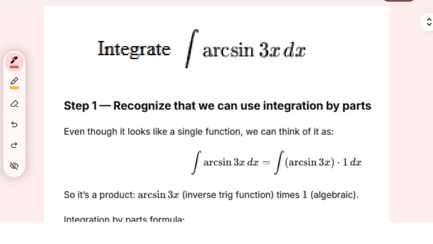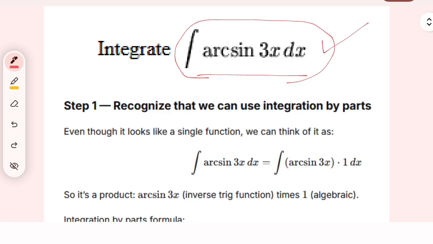So for this session, we will now integrate the arc sine of 3x times dx. So what's the integral of arc sine 3x dx? If you are given this, you need to identify first what strategy you would apply.